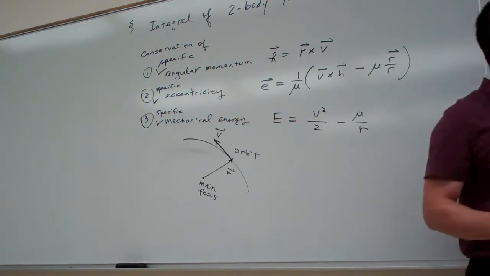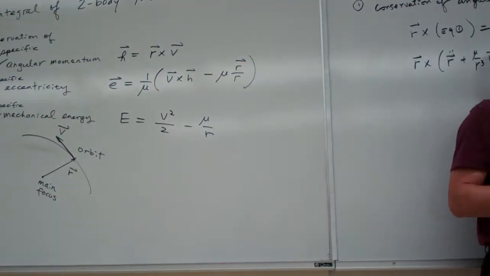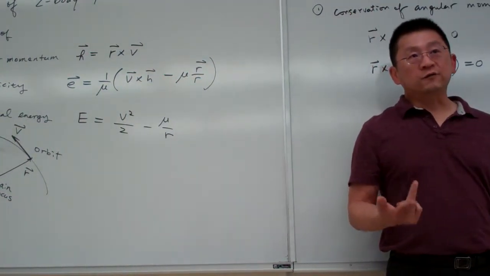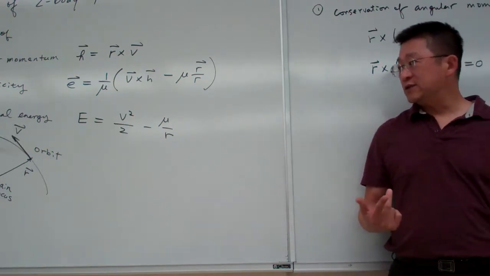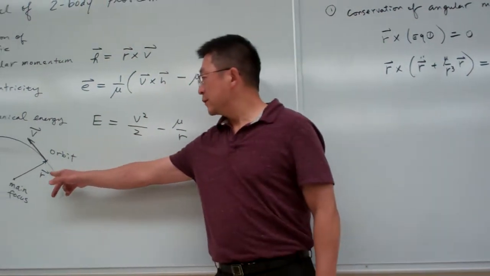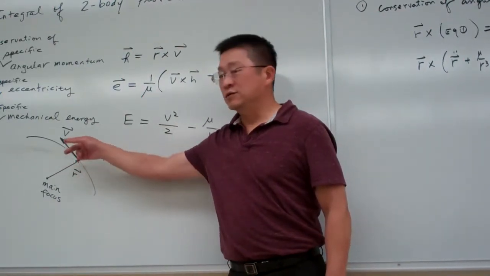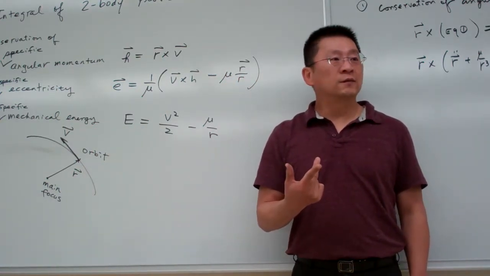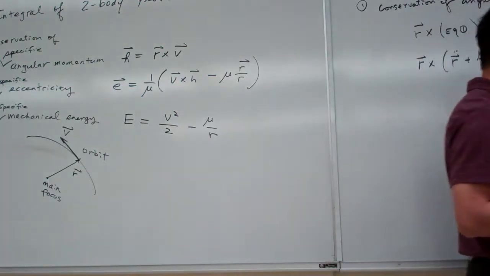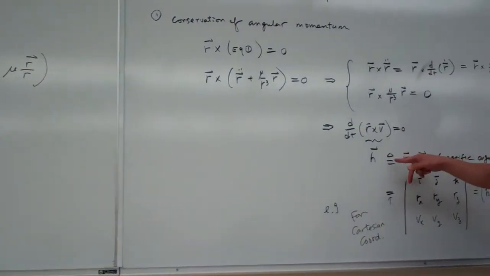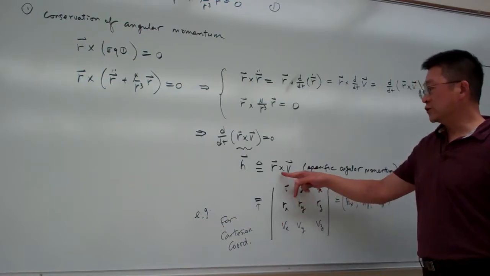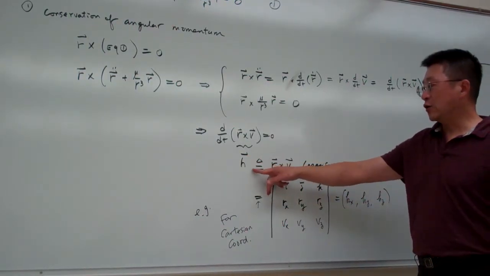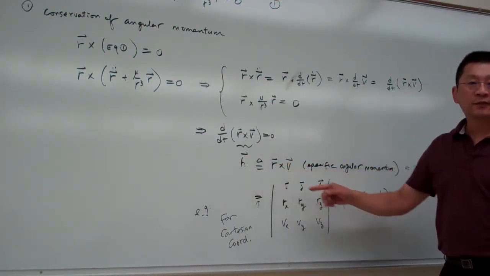Again, you simply define your inertial coordinate system, and then you express your r vector and v vector in terms of that coordinate system. Then you can determine the orientation, and using this kind of cross product calculation, you should be able to determine the vector and also the magnitude.